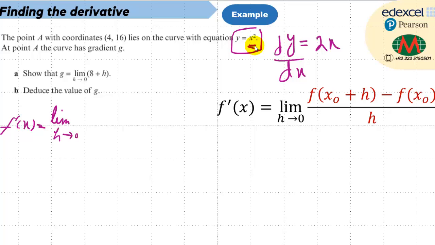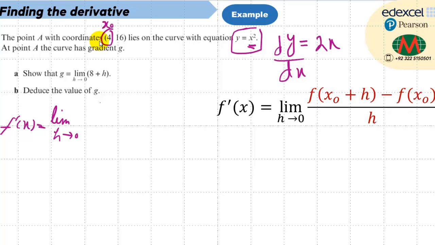h tends to 0, and this is f of x, which is x squared. So what we will do here is put x naught as 4, because the point is given here, 4, 16, and this is x naught.